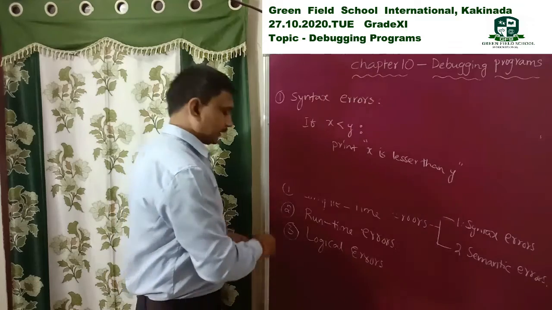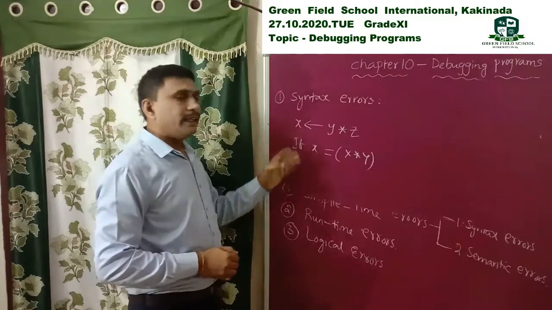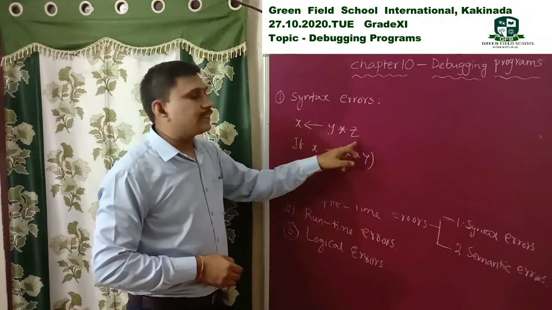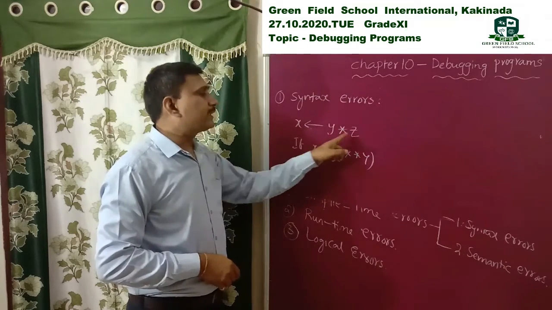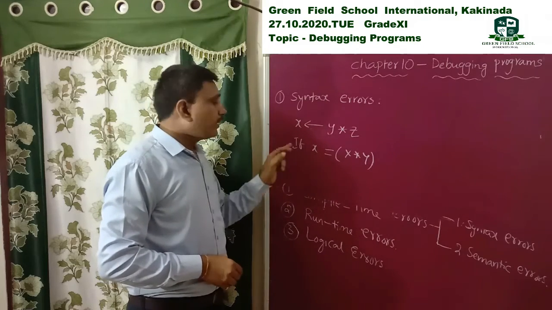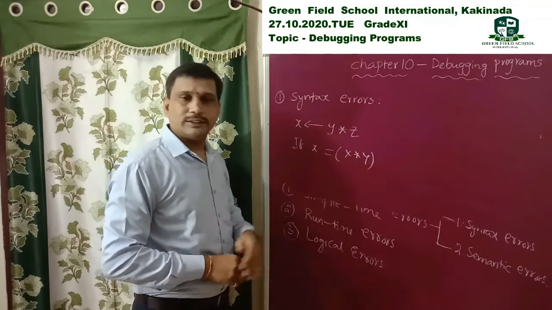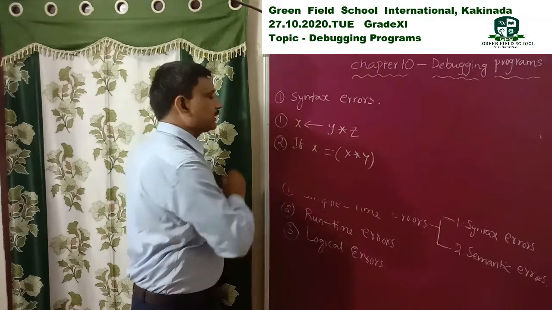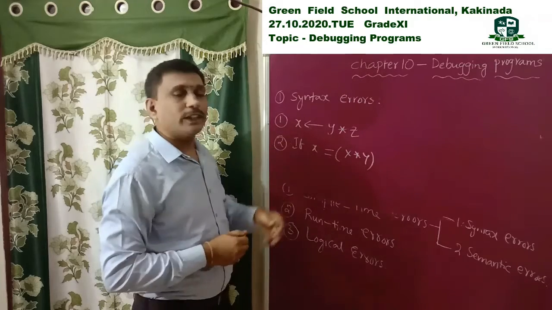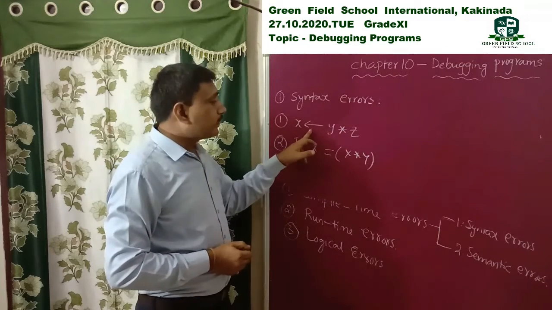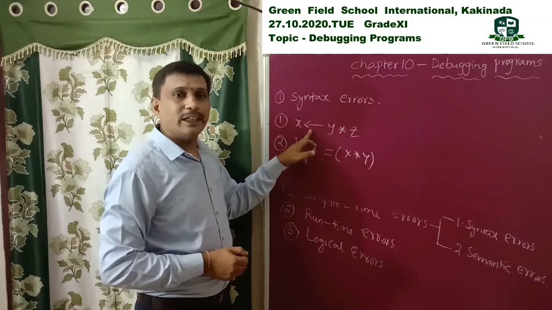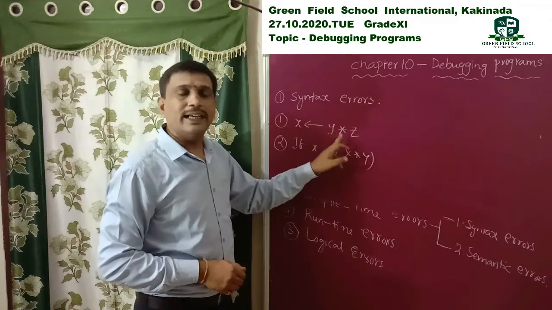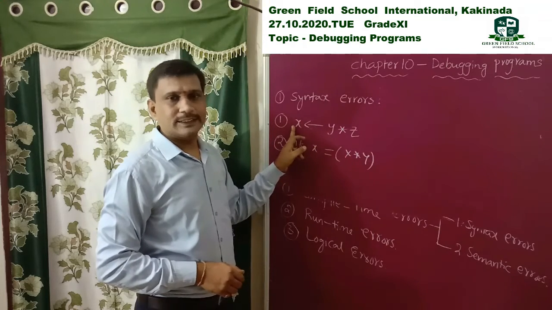Understood my point? Next example: I write two statements. One is x is assigned y star z. The second statement is if x is equal to x star y. In the first statement, our intention is assignment: first we calculate y star z and assign it to the variable x.